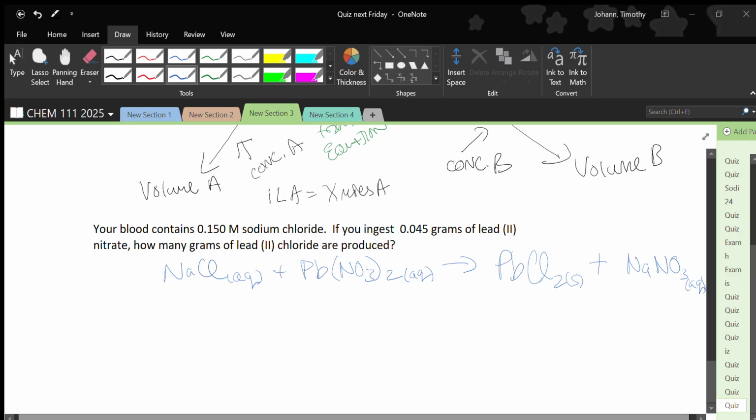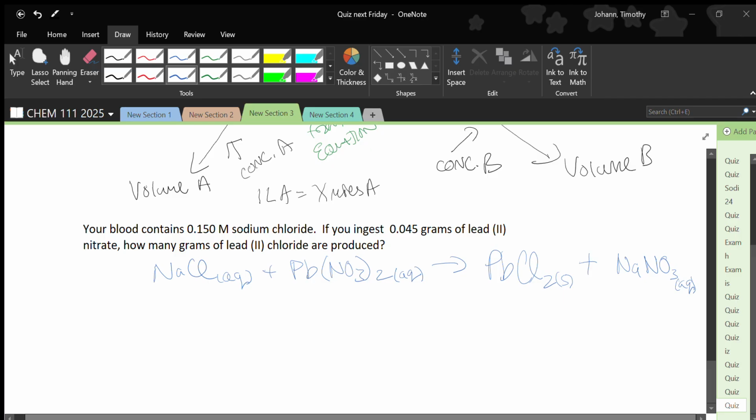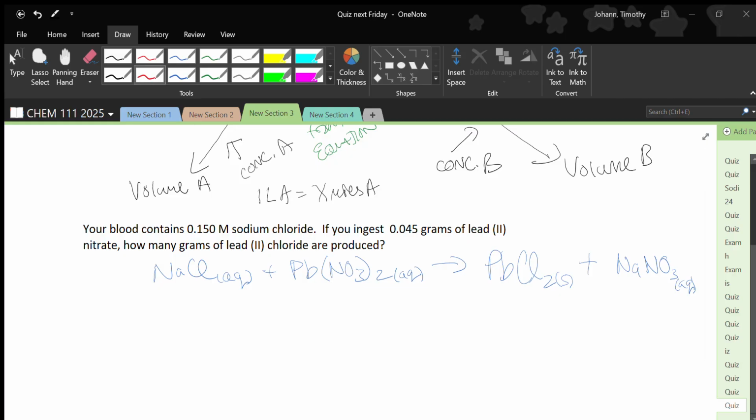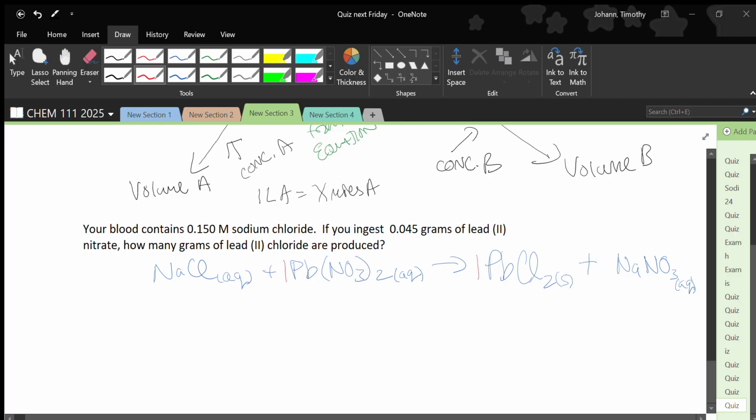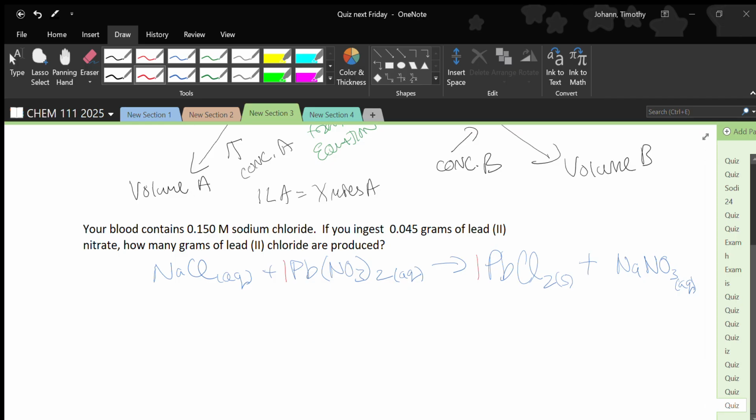Okay, so what we've got here is we need to balance our equation first, right? Shall we start with the leads? Leads are easy, right? So one lead and one lead. I'm going to do it in red because I'm going to erase those ones. I've now fixed how many chlorides I have. How many chlorides do I have on this side of the equation? 2. How many over here? 1.